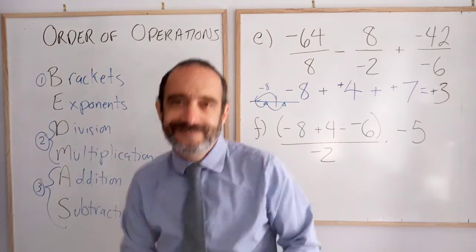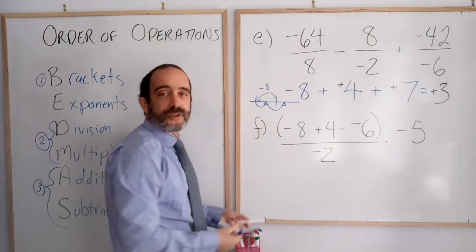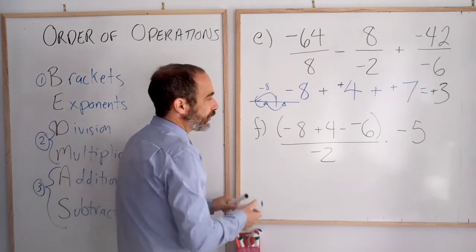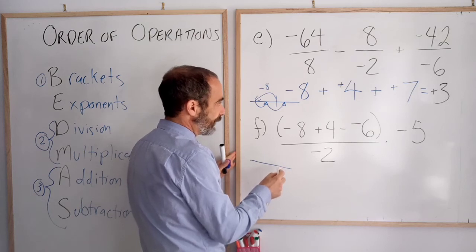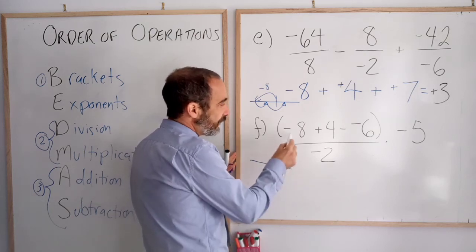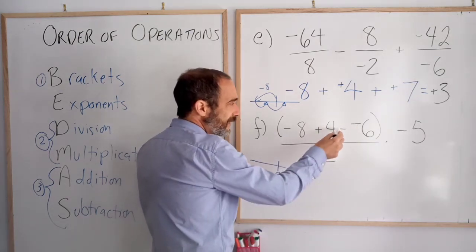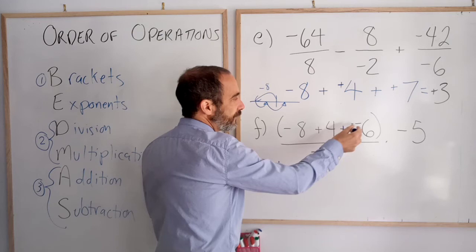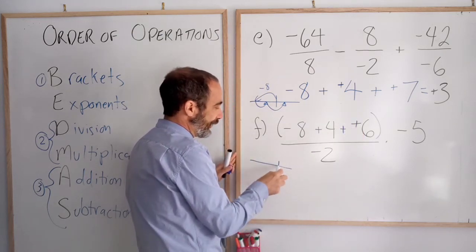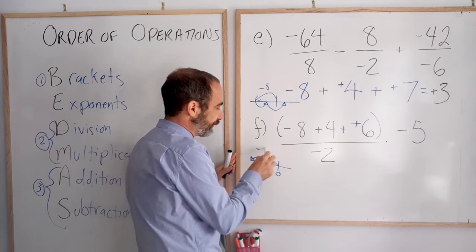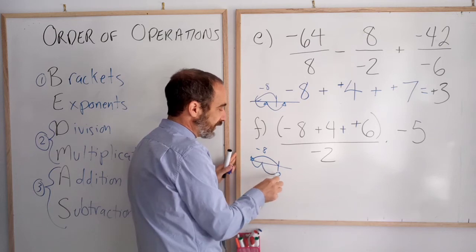Yeah, there it is. And then for this next one, you're going to be doing the brackets first, and after that, we'll do the rest of the question. So in the brackets here, you have a negative 8. This is almost the same. Negative 8 plus 4, and then subtract a negative 6. Subtracting a negative 6 is still a double negative, making it a double positive. And so negative 8 takes you backwards, then a positive 4 brings you to negative 4 again, and then a positive 6.